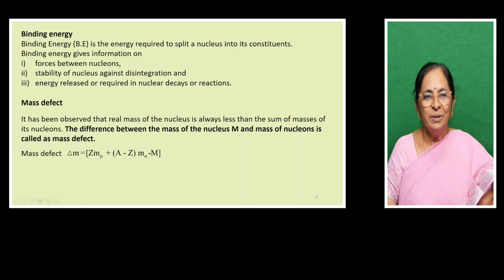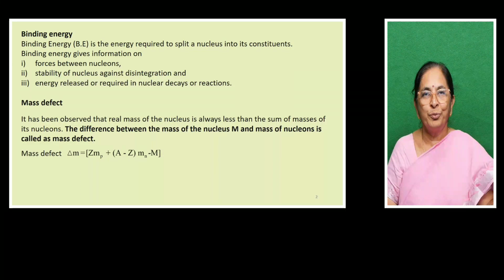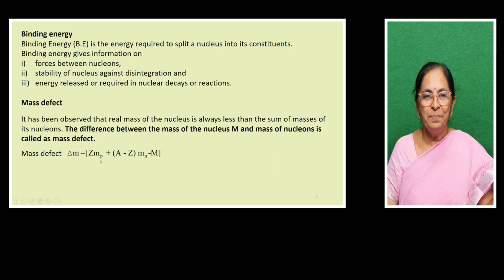That is equal to Z into Mp plus (A minus Z) into Mn minus M. Here Z represents the atomic number, the number of protons, and Mp is the mass of each proton. That into the mass of a proton gives you the total mass of the protons. Next, A is the mass number and Z is the atomic number.